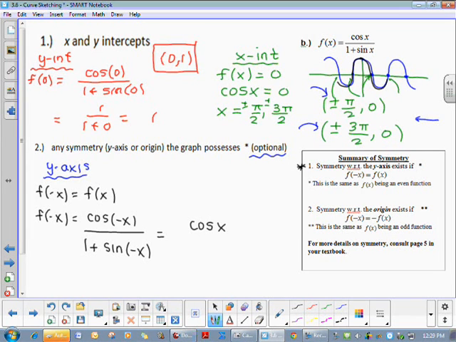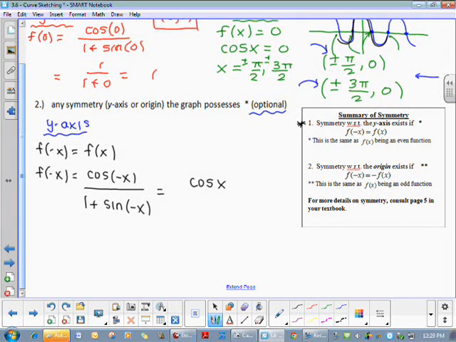But we also have to keep in mind there is a denominator going on in this problem, the 1 plus sine of x, which in this case, when we replace x with negative x, we end up with a very interesting result, and that is that the sine of negative x is negative sine of positive x.